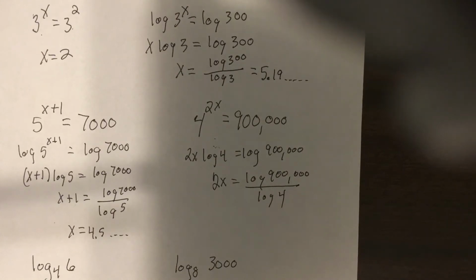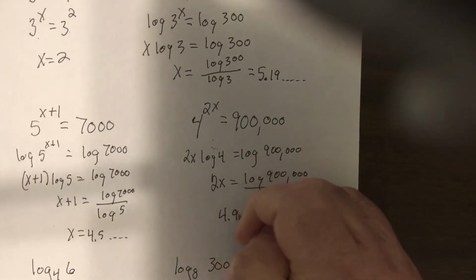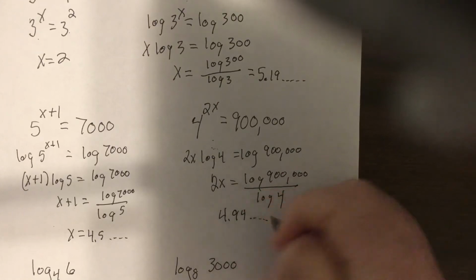Log of 9,000,000 divided by log 4, and I get 9.889, so then I'm going to divide that by 2. And I get 4.9 for blah, blah, blah, blah, blah.